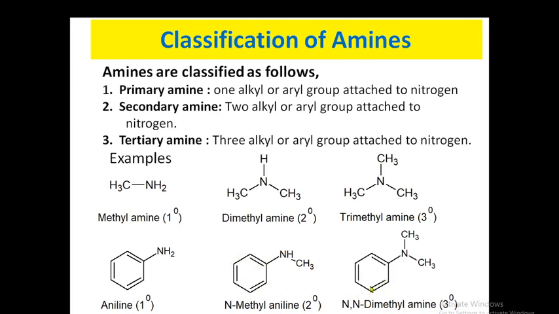And the third one, if you see here, it's a tertiary aryl amine. In this, again nitrogen is attached to three different groups. One is aryl and two are alkyl, but again aryl group has a priority over alkyl group, and therefore this is the example of tertiary aryl amine. So N,N-dimethyl aniline.